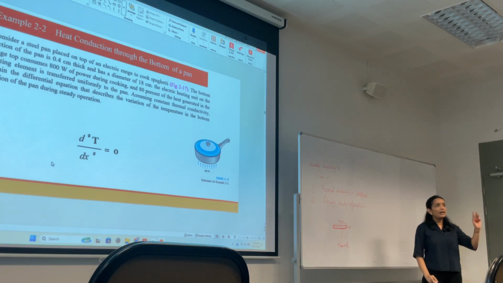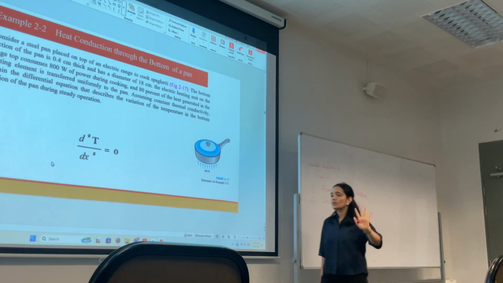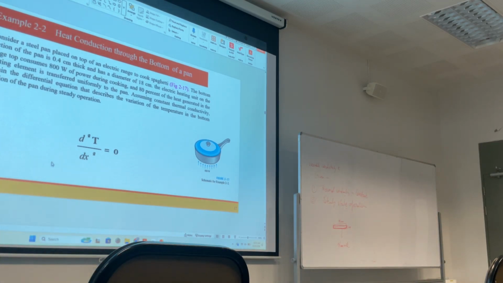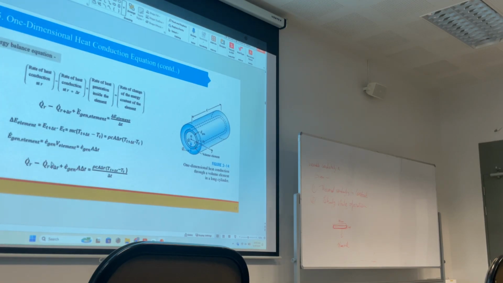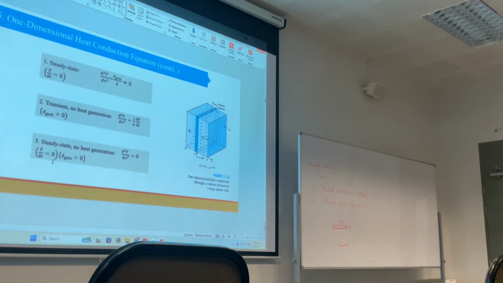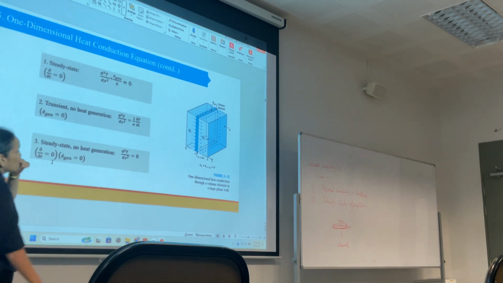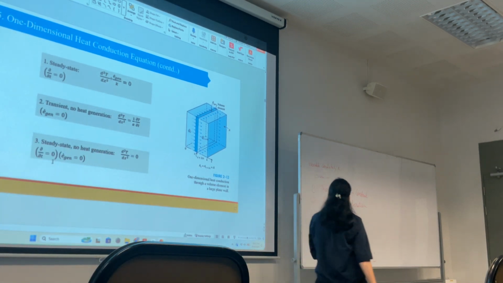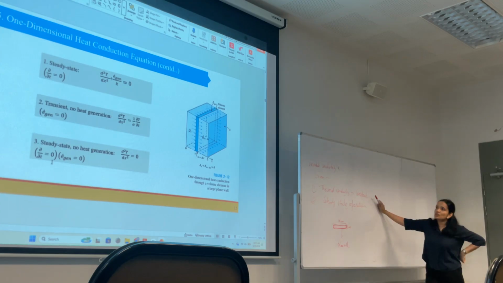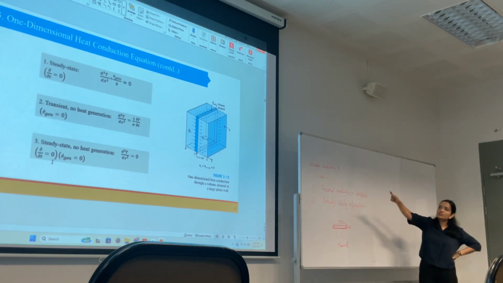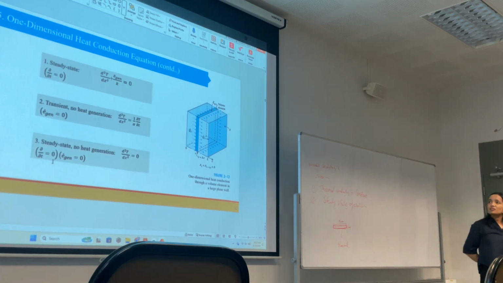So plain wall had five equations, right? Thermal conductivity is constant. Which out of these three has thermal conductivity constant? All. Okay. Steady state operation.